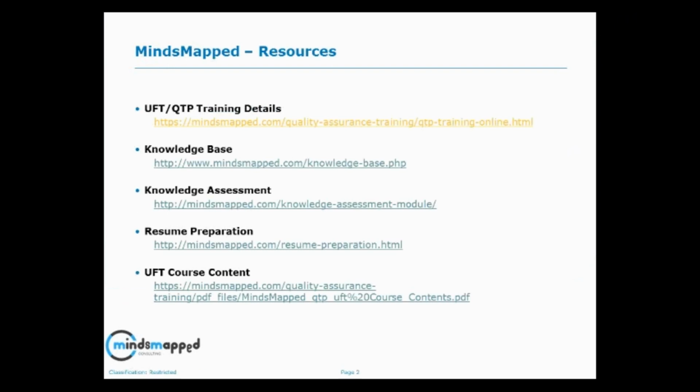So at the end of the session, we want you to understand the concepts of UFT, so that you can take up those concepts with the hands-on experience you gain here and get into the projects and implement them. So that's the overall objective. The first point of entry will be the MindsMap website, where you'll have the QTP training details and the session details laid out in a nice manner.